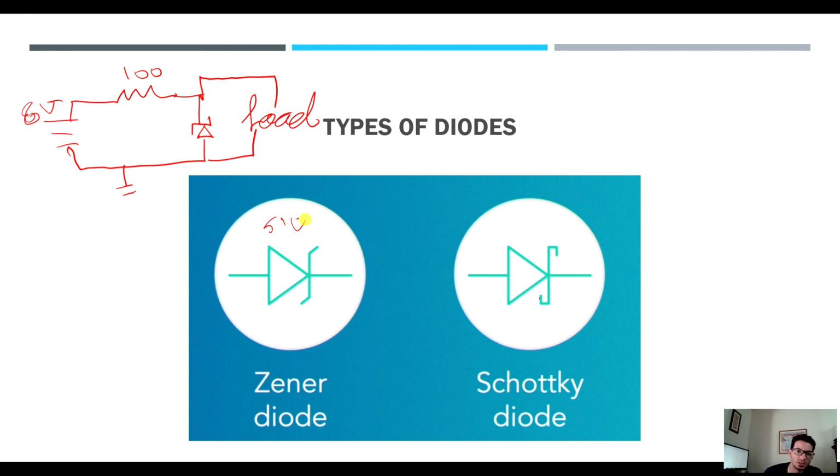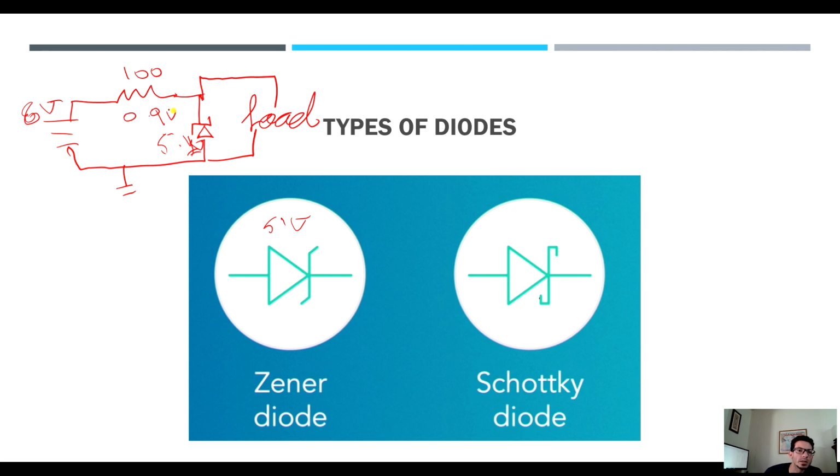Then if you're using the 5.1V, this means that it's 5.1 volts reverse voltage. Therefore, 6 minus 5.1 is 0.9.